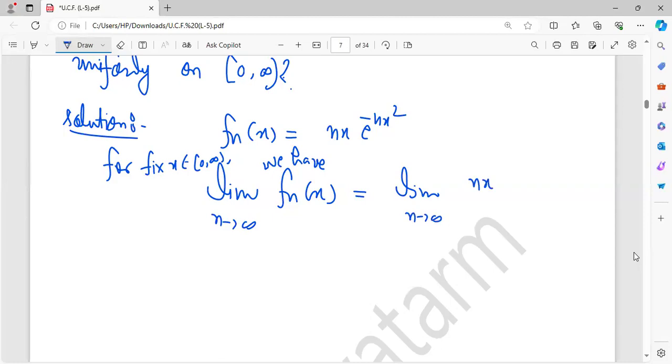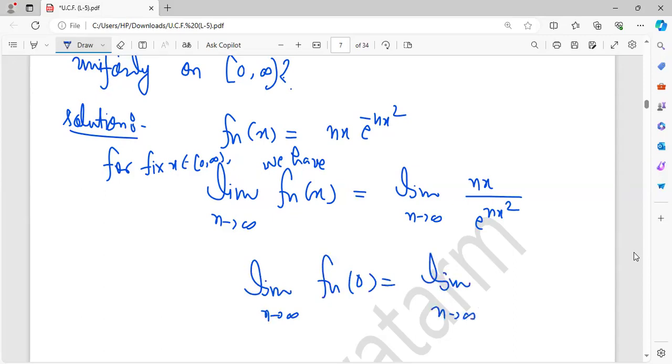We can take this in the denominator, and this is an indeterminate form. If we take x equal to 0, this is 0. So the limit of Fn 0 is 0, because x is 0. It means F0 is 0.